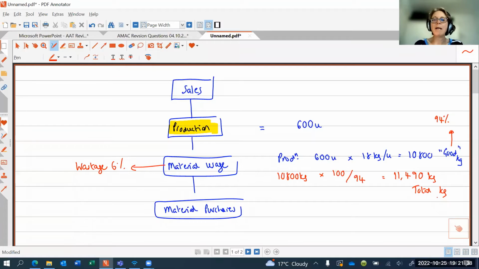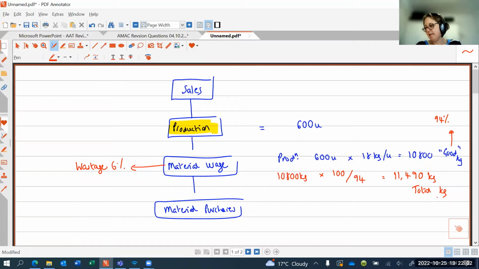Now, what I would always encourage you to do in exam questions is to then say, well, have I done that right? Is there a double check here? Well, I think there is, because if I take 11,490 kilograms on my calculator and then I multiply by 6%, that tells me how many are wasted, knock that off and check you've still got enough left.